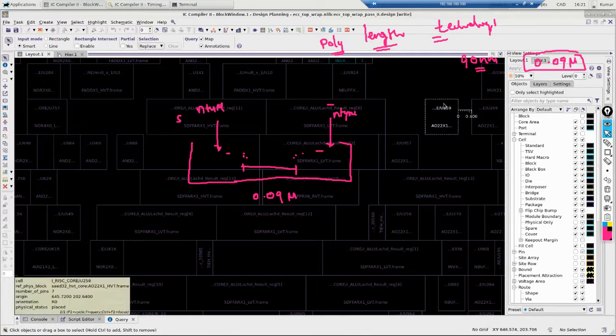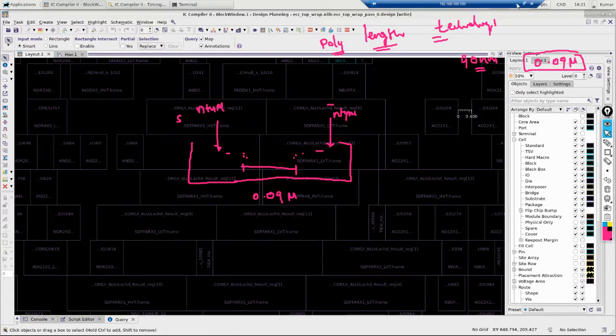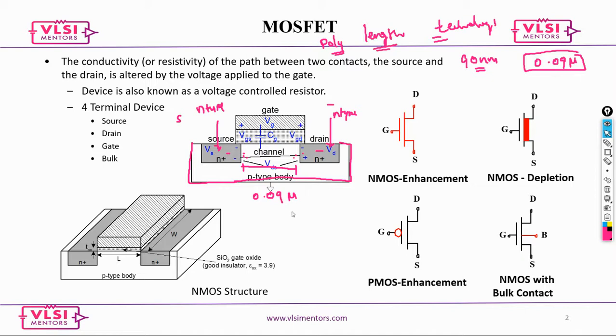So that means inside the cells. The technology is basically that you design the cells based on the technology. Now since we are learning the basics of MOSFET, let's keep technology aside and try to understand a basic MOS.